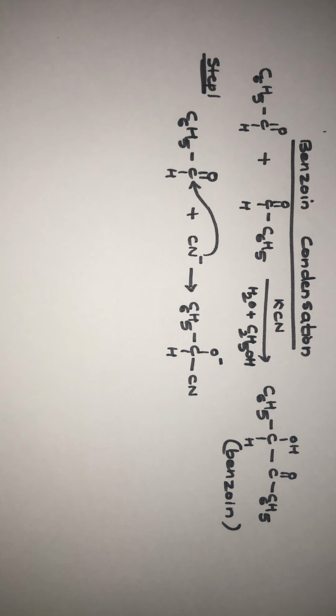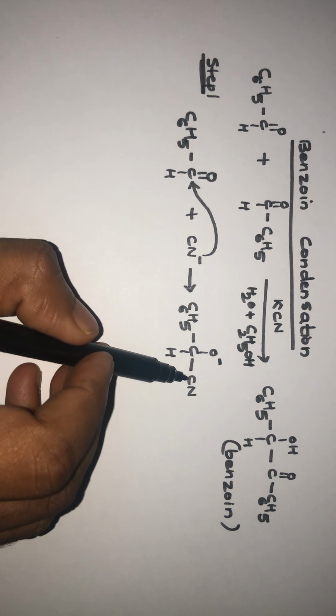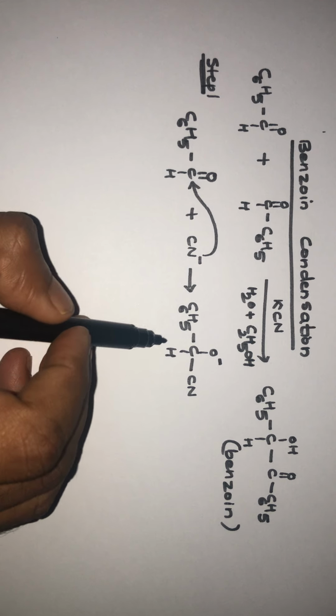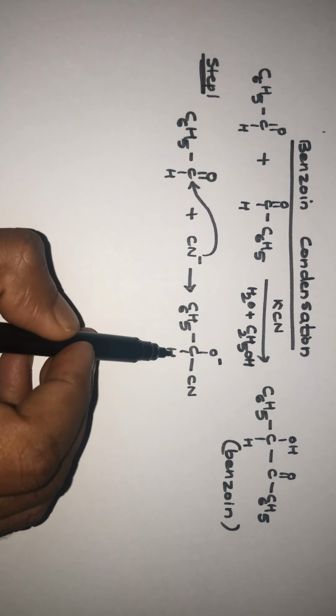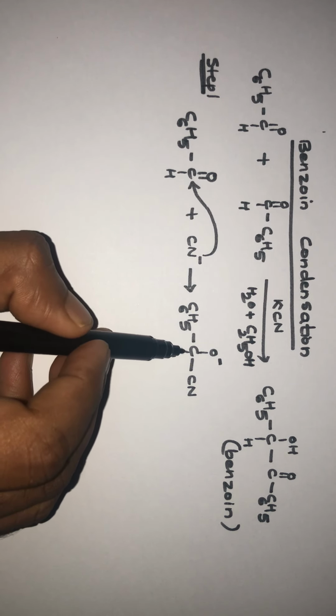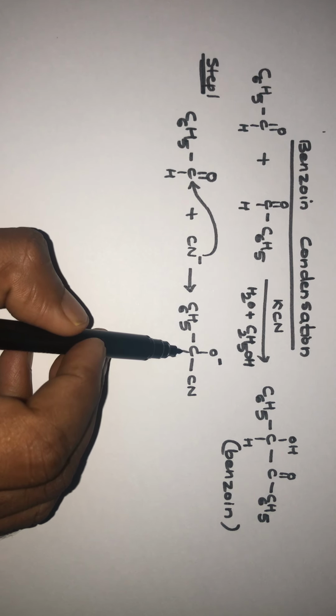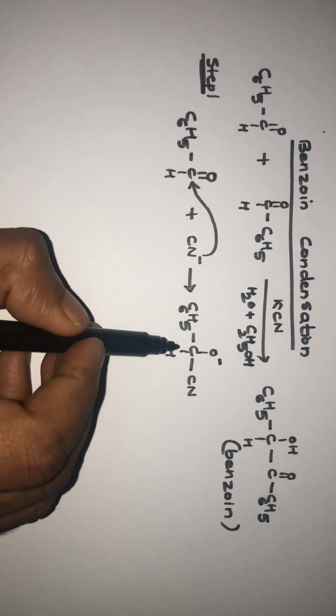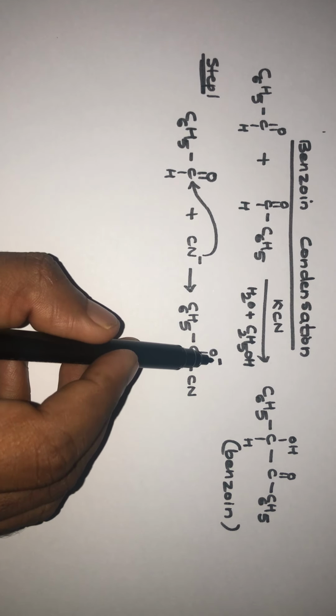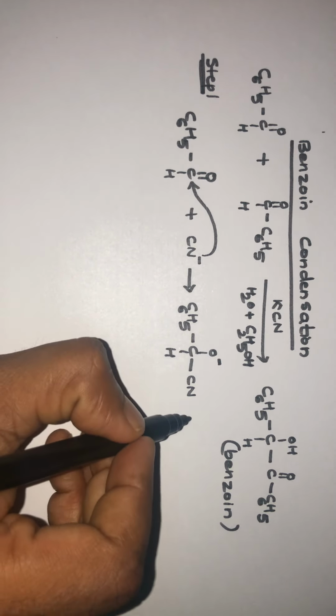Now, cyanide is an electron withdrawing group, hence it increases the acidic character of this CH bond. So the CH proton can be easily removed. As a result, there will be a rapid transfer of this proton to this oxygen atom.